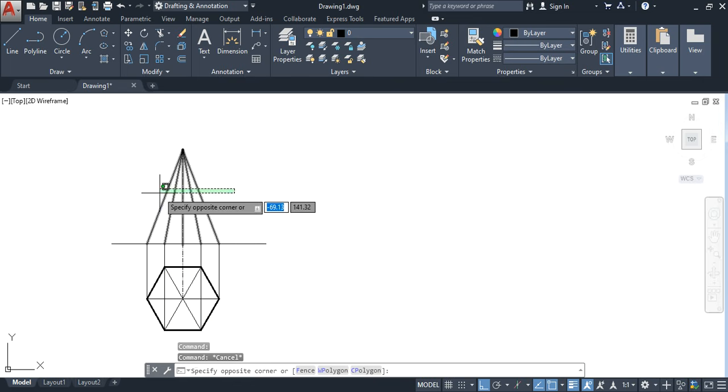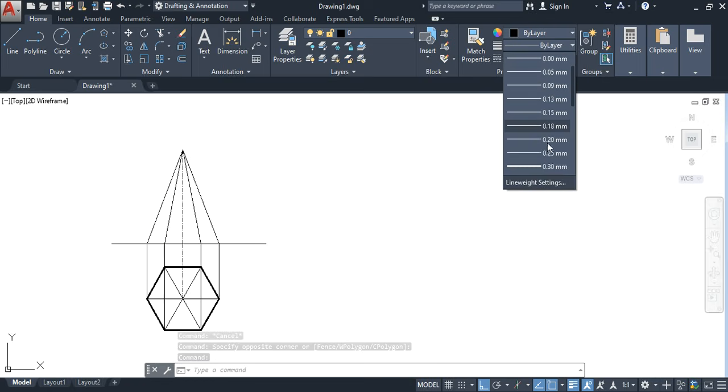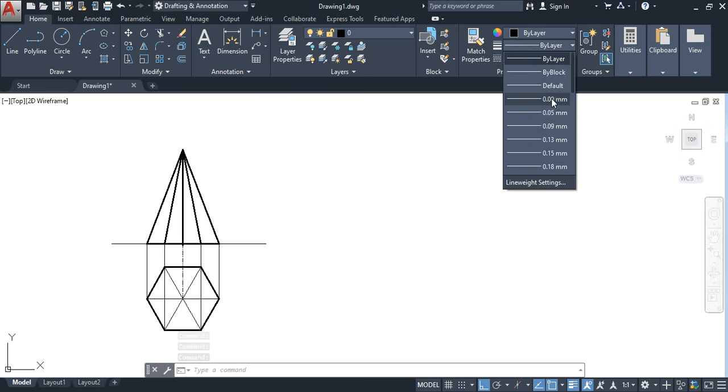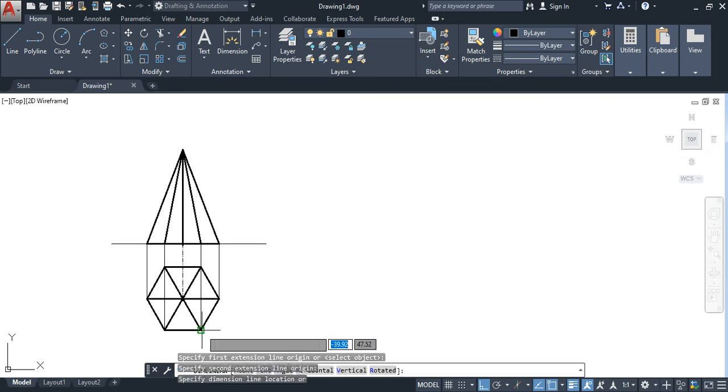Also in the front view, this one should be dark, and these also should be dark. Because it is a pyramid, from the top these triangular faces are visible, so those should also be dark. Yes, so we made them dark, and suppose we want to give dimensions, we'll give dimensions like this.